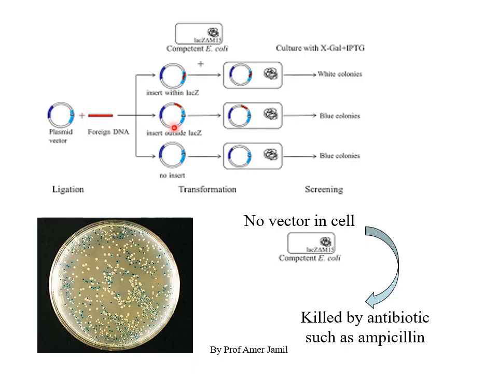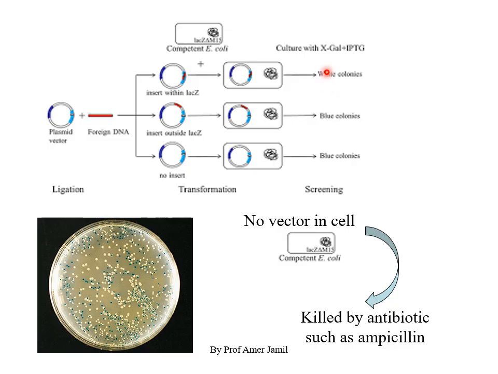The second possibility is that the insert is present, but it is not inside the multiple cloning site, and we get blue colonies once again. The third possibility is that this is the recombinant one. Our gene of interest is added in the multiple cloning site. In this case, we get white colonies.